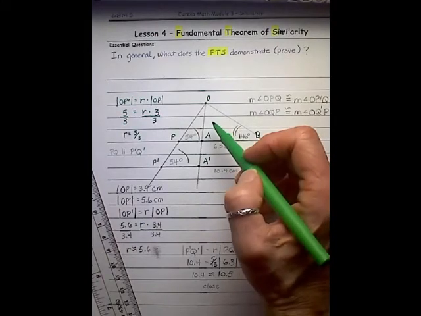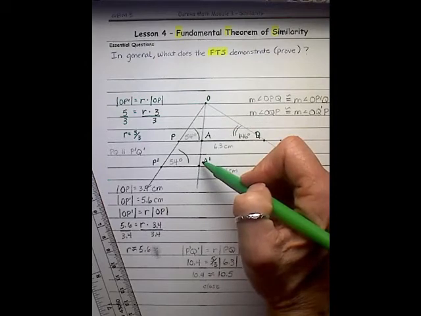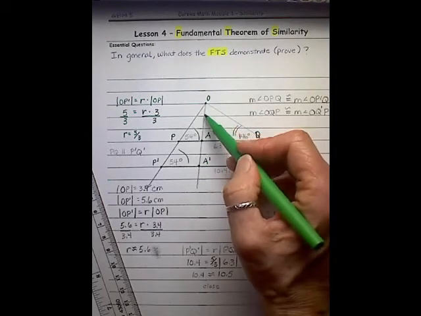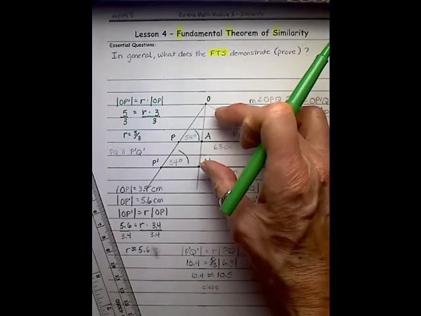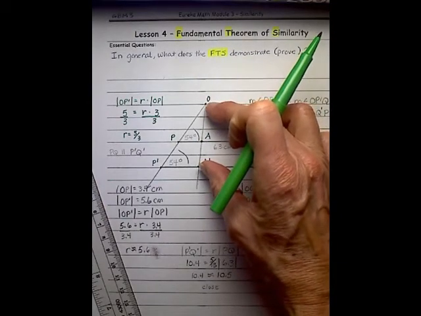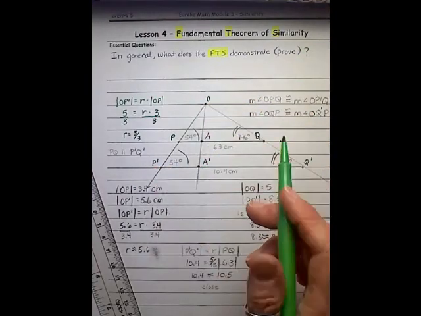Do you think that the length of OA prime is equal to the scale factor times the length of OA? In other words, does this dilated length have the same scale factor as this dilated length? Let's find out.